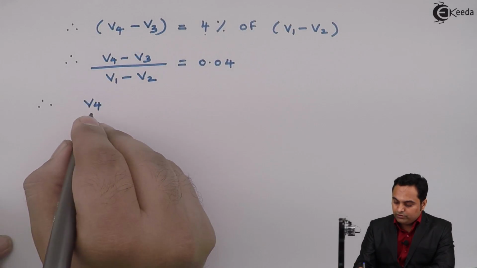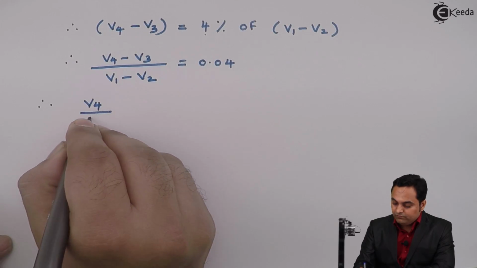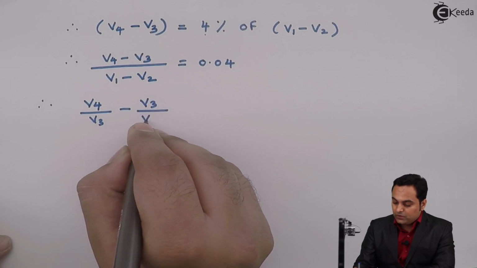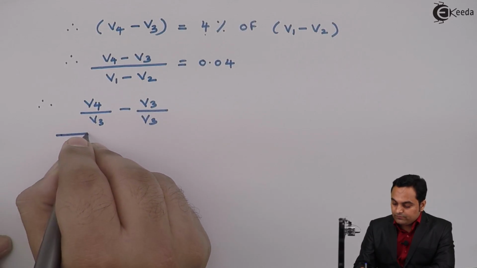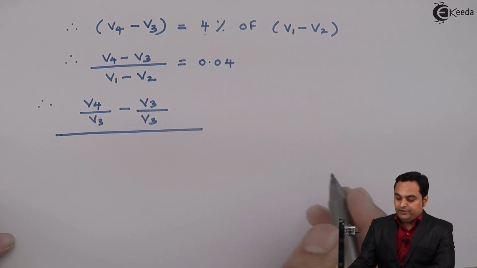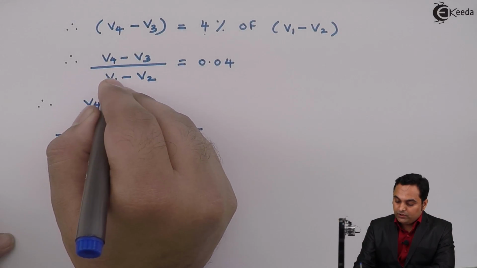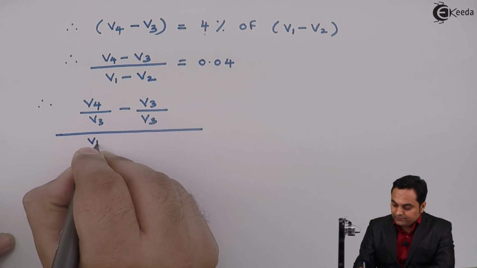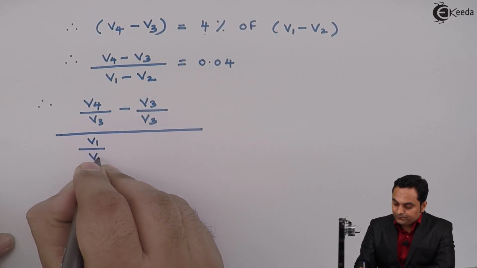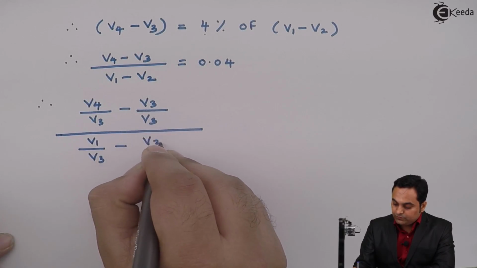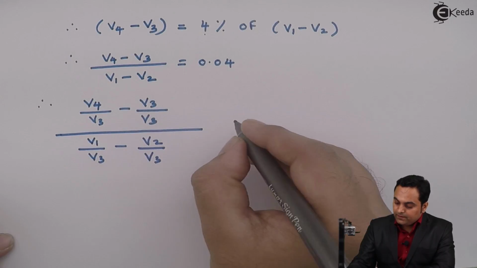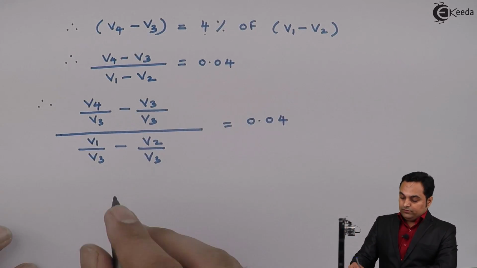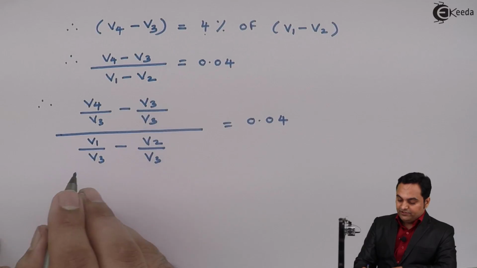So here V4 divided by V3 minus V3 divided by V3, so this is the numerator. In the denominator we have V1, so V1 will remain as it is, divided by V3 minus V2 divided by V3 is equal to 0.04. That is dividing the numerator and denominator by V3.